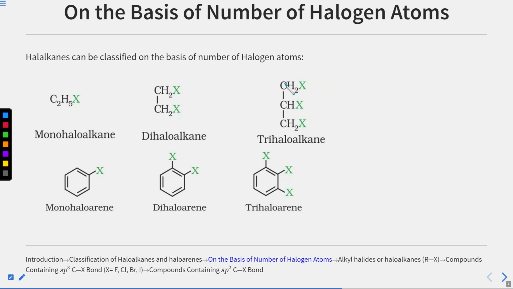Now if we consider the haloarene, sorry for not writing haloarene here, so putting a haloarene here. So we can have both. Suppose we take a haloarene. How? We can see very clearly that we have a benzene ring, and suppose this is our benzene ring.